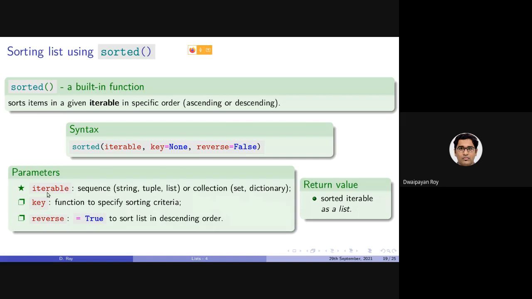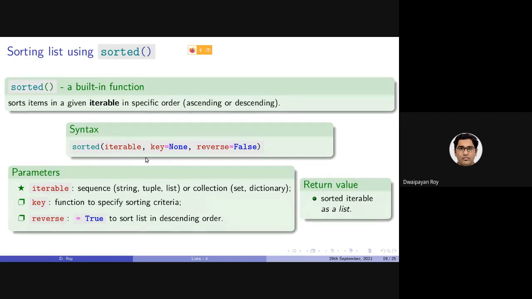Now, as I said, the iterable or the item that you want to sort can be a list, a string, or any other sequence data type or collection data. A string can also be sorted based on the characters. Given a tuple, it can also sort the tuple, a list as well. Similarly, if I provide a dictionary or a set, it can also sort them.